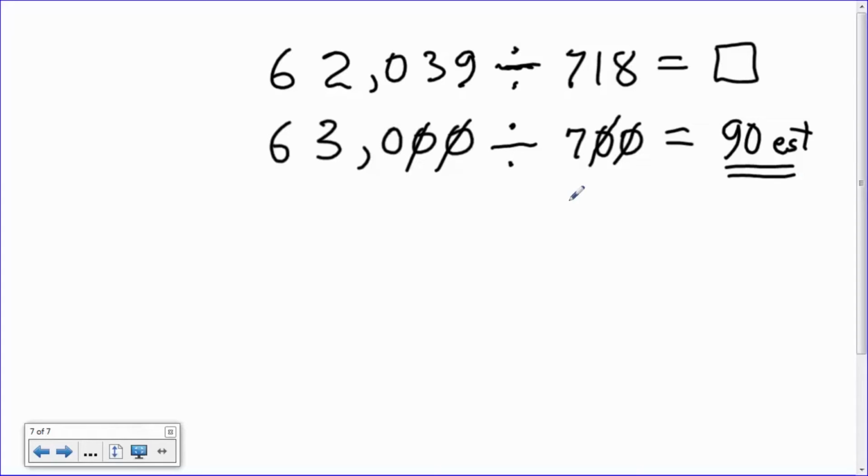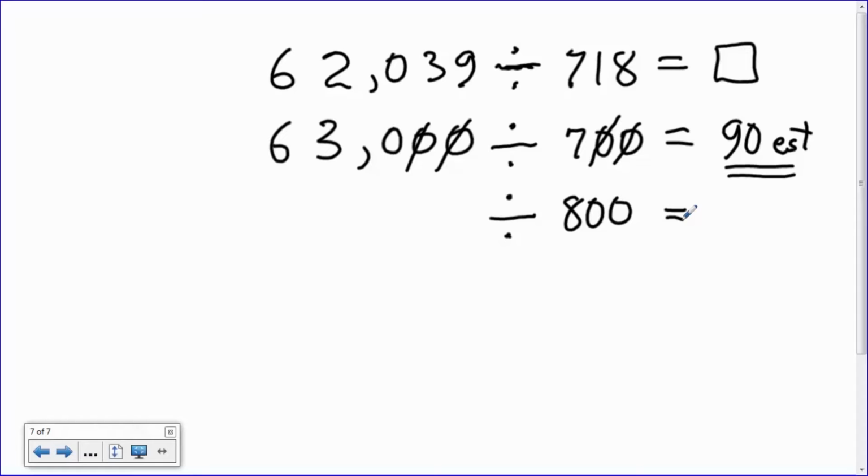One more, maybe instead of using 700, you choose to use 800. There is no better choice. I mean, you're just wanting to get a rough idea of how big the quotient is or what it looks like. And so I'm just taking 718, and in the first case I'm rounding down to 700, and in the next case I'm rounding up to 800.